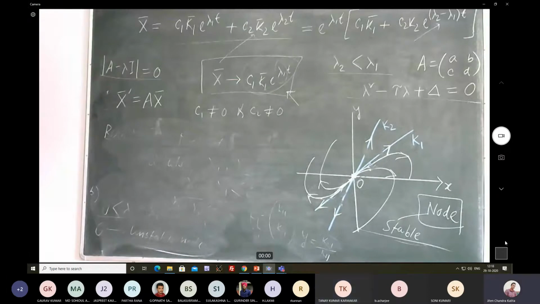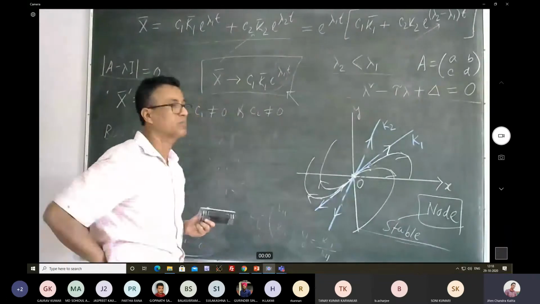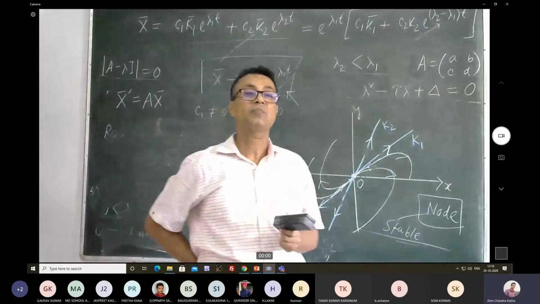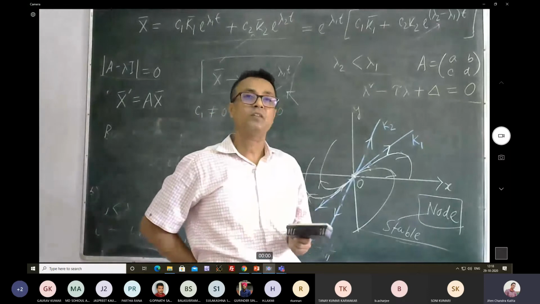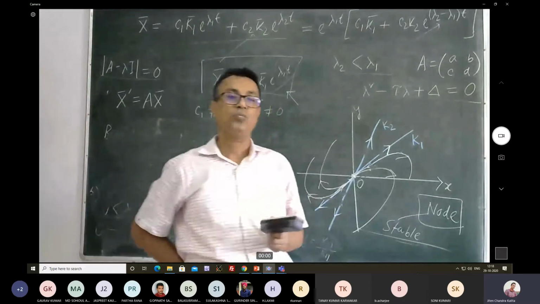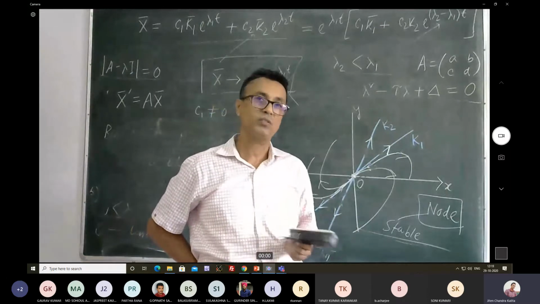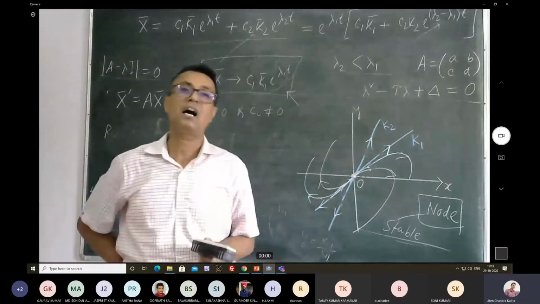Like the way I told you yesterday in the example where I explained the notion of an asymptotically stable and unstable equilibrium point. Whenever something is converging towards the critical point, we say that it is stable. If it is diverging away from the critical point, we say that it is unstable.